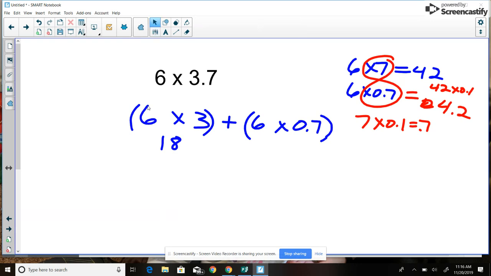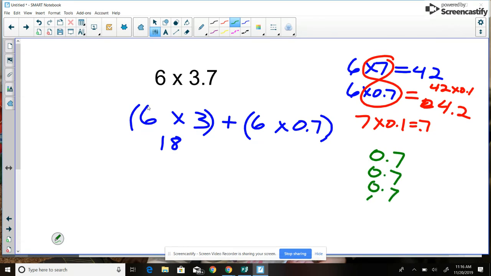Another thing that might help you look at this is it's 7/10, 6 times. I might even just go to 3 times here first to give myself, here I get 21 tenths. So those 20 tenths become 2.